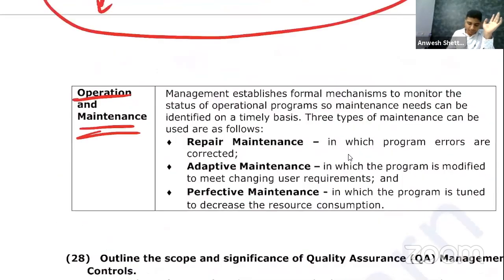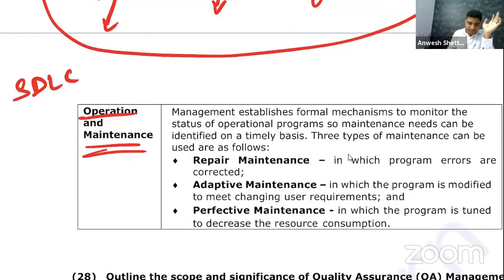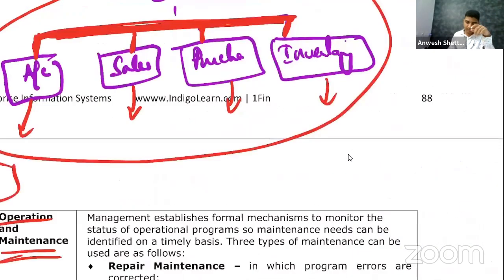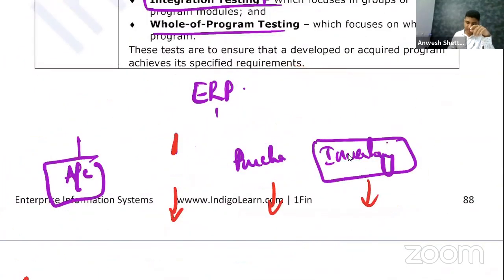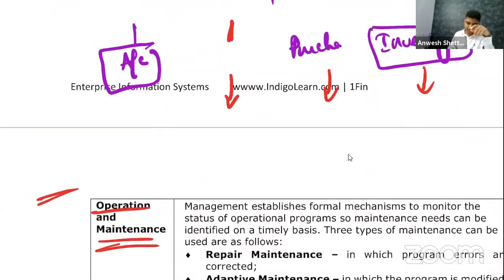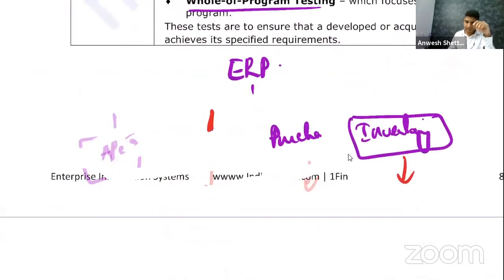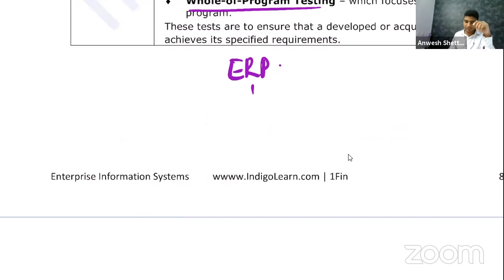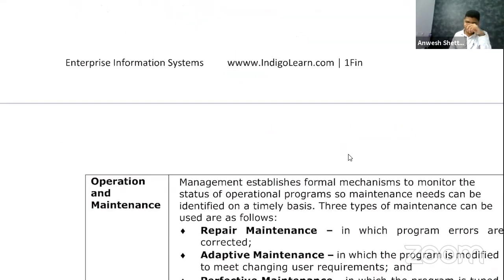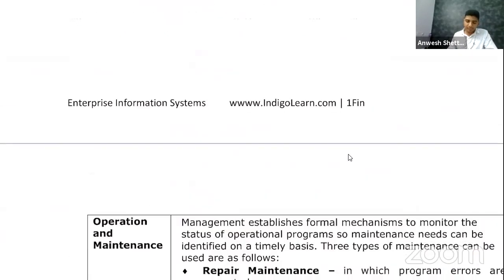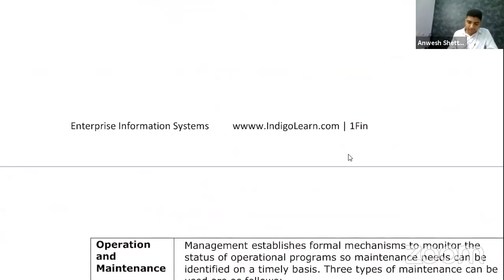Or, if you're talking about the software development life cycle, let us say, I'll give the same example. There is Mr. A who hired a software developer. Let us call them Infosys only.